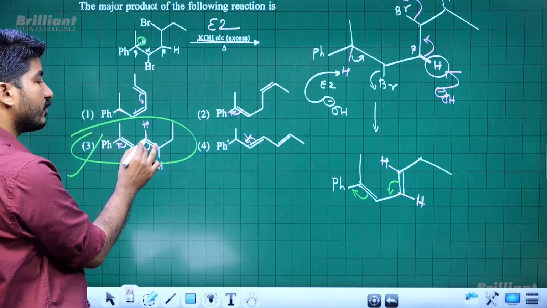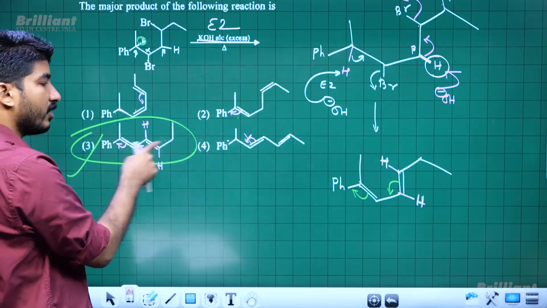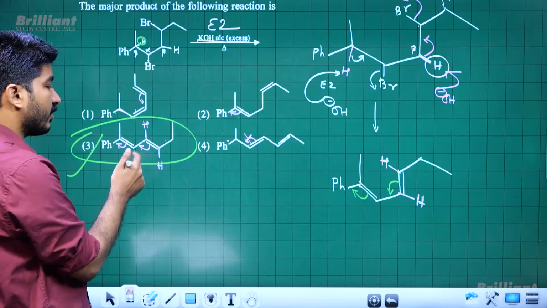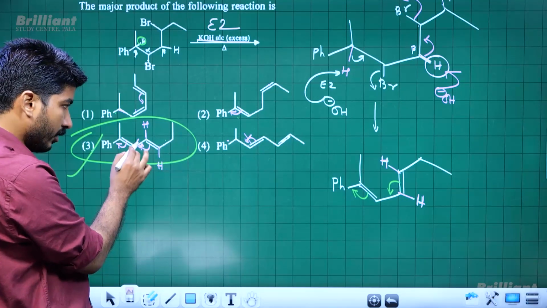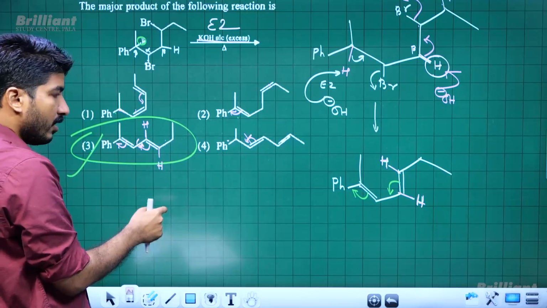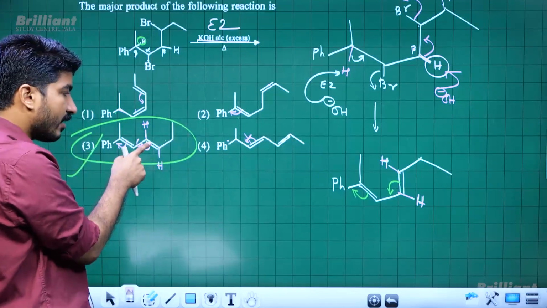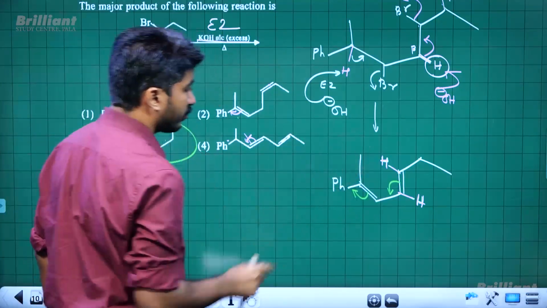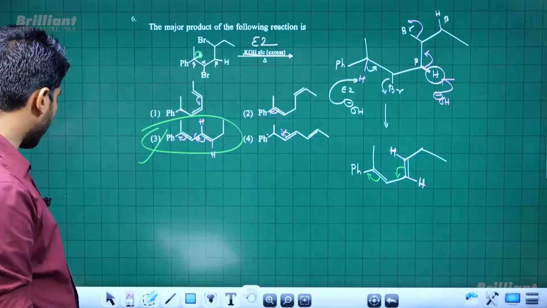This is shown as trans, just that is a different conformer of this structure. Both are identical structures, right? If you just rotate this structure about this C-C single bond, you will get that structure, but that does not affect the trans geometry of this alkene. This alkene is trans here, trans there also. Both are the same structures. So option 3 is the answer.